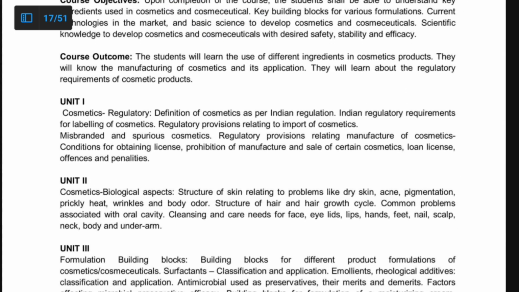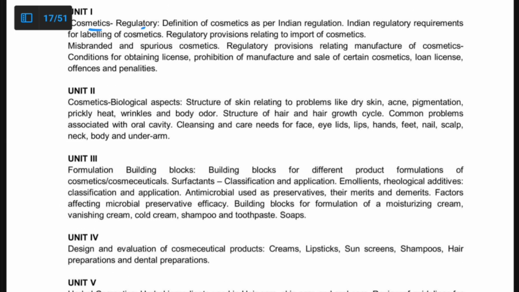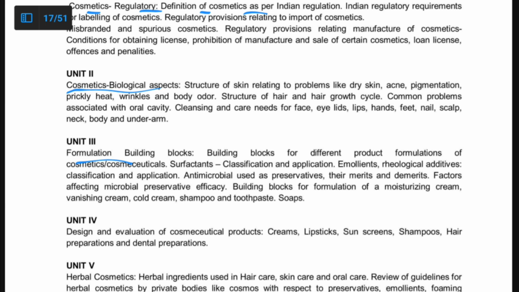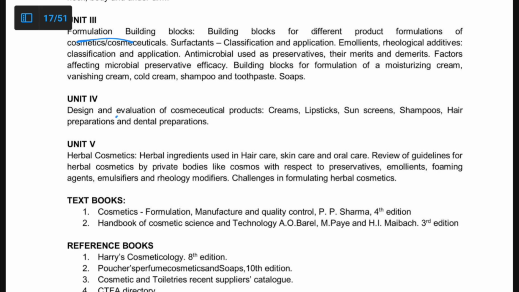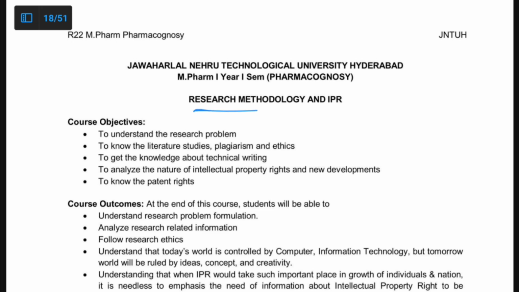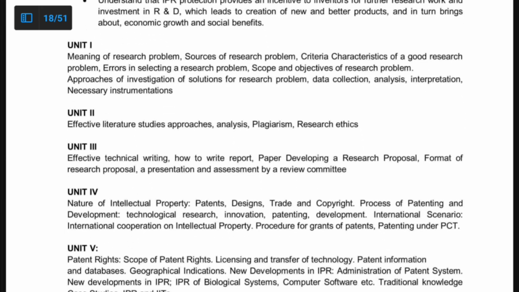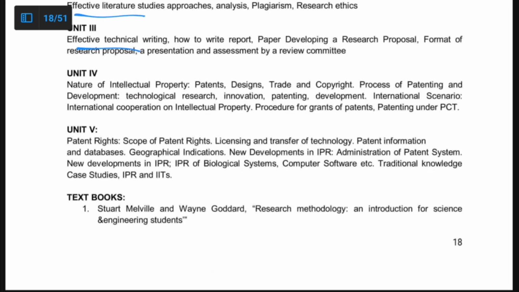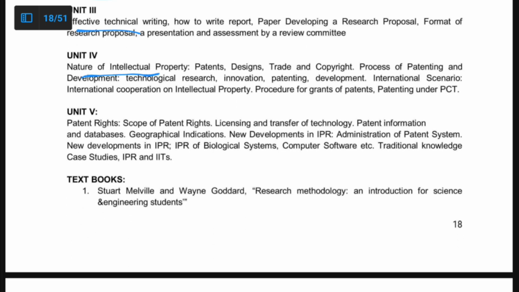Cosmetics and cosmeceuticals: regulatory definitions of cosmetics in India, cosmeceutical biology aspects, formulation building blocks, design and evaluation of cosmeceutical products, herbal cosmetics. And we have research methodology IPR: meaning of research problem, effective literature studies, effective technical writing, nature of intellectual property, patent rights.